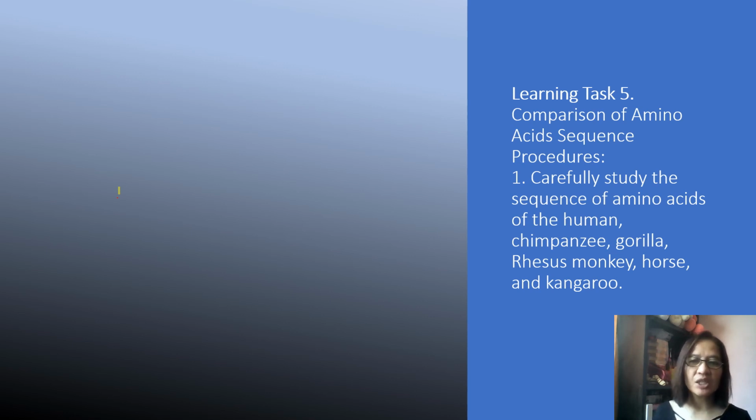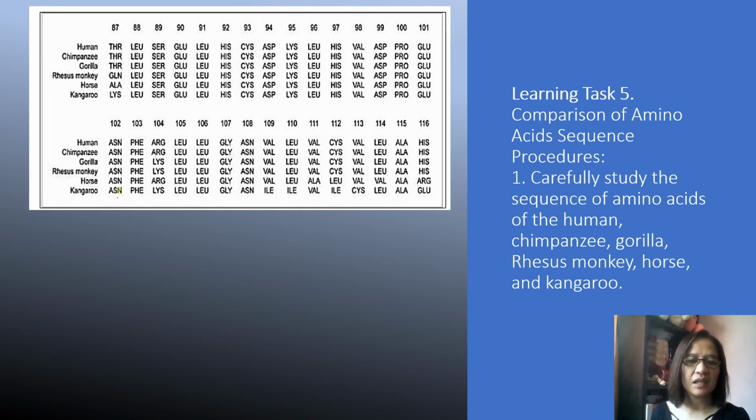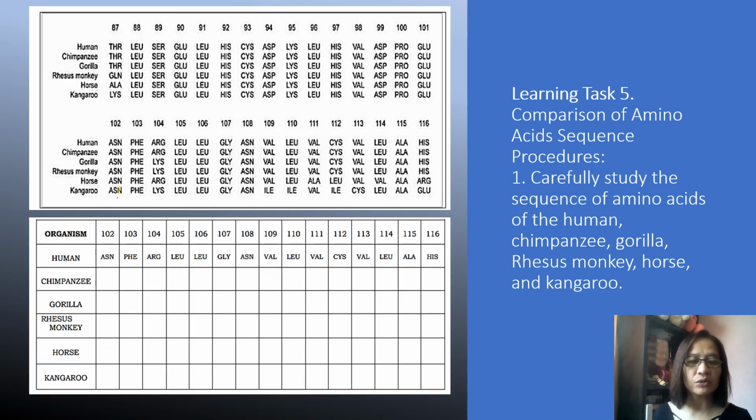Carefully study the sequence of amino acid for each organism. Again, andyan ulit yung table, andyan si organism, andyan din yung amino acid ng bawat organism. Sa activity sheet, mayroon doong table. Kinakailangan malagyan natin ng amino acid ang bawat organism.